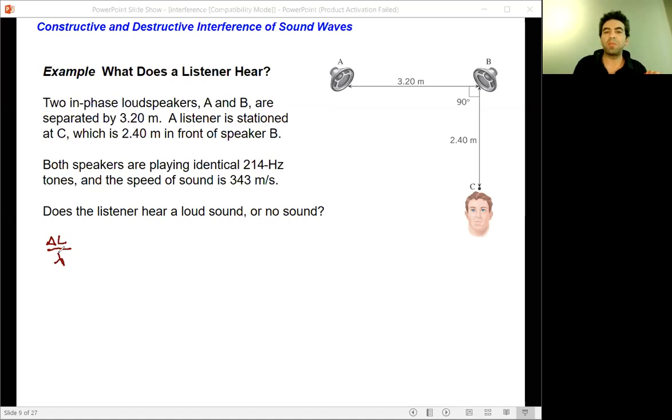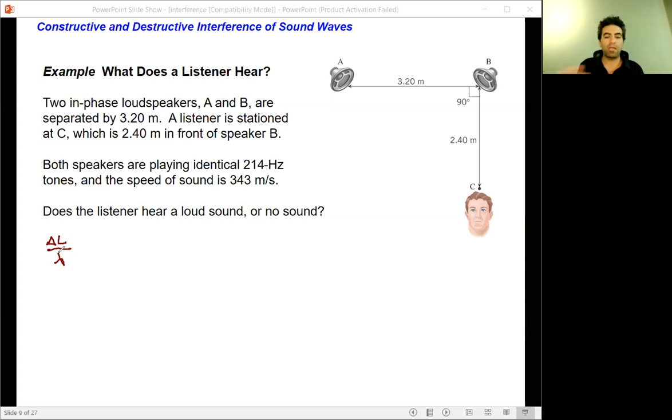If this comes out to be 0.5, 1.5, 2.5, 3.5, then that's completely destructive interference. If it comes out somewhere in between, let's say 0.25, then that's some kind of destructive interference, not completely destructive, but we're not going to worry about that for now. Any problem you're going to see is going to give you either an integer or an integer and a half, right?